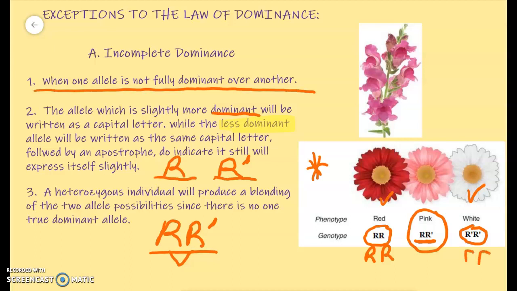But if you're rushing through a problem and you write it like this as heterozygous, you might think it's red while it actually is not with this particular inheritance pattern. So I want you to get in the habit of using a capital R with an apostrophe to indicate the recessive allele. Let's do some examples to kind of show you what I'm talking about.